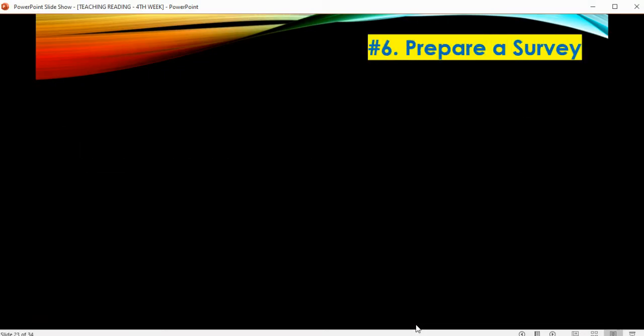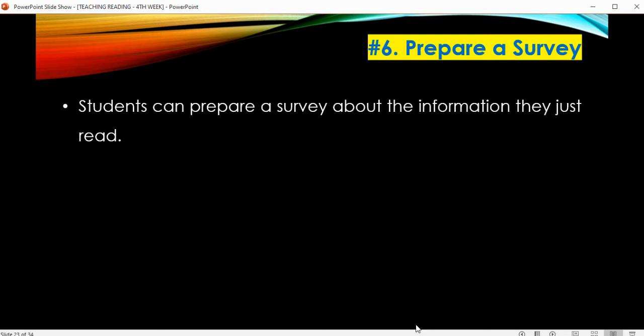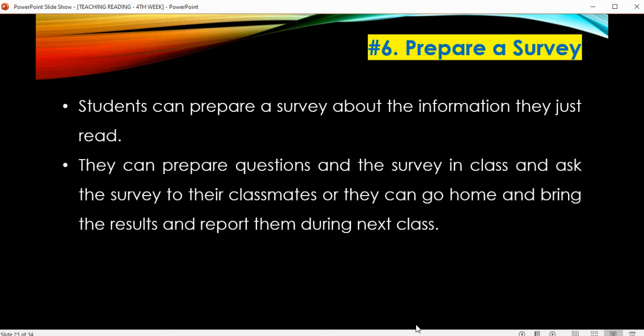Then, activity number 6, prepare a survey. Students can prepare a survey about the information they just read. They can prepare questions and the survey in class and ask the survey to their classmates, or they can go home and bring the results and report them during the next class.